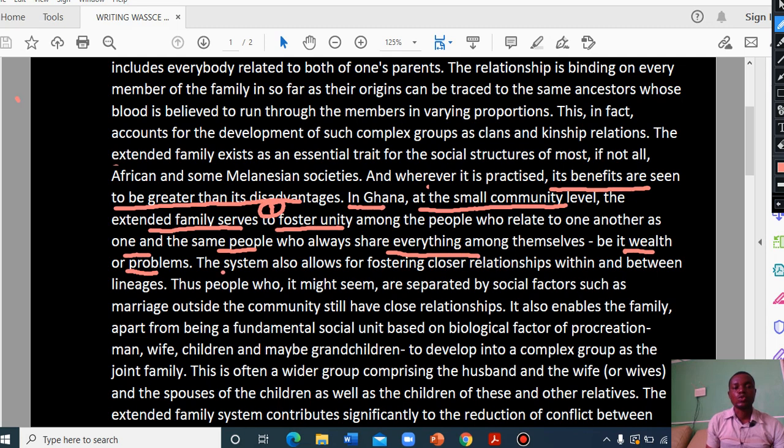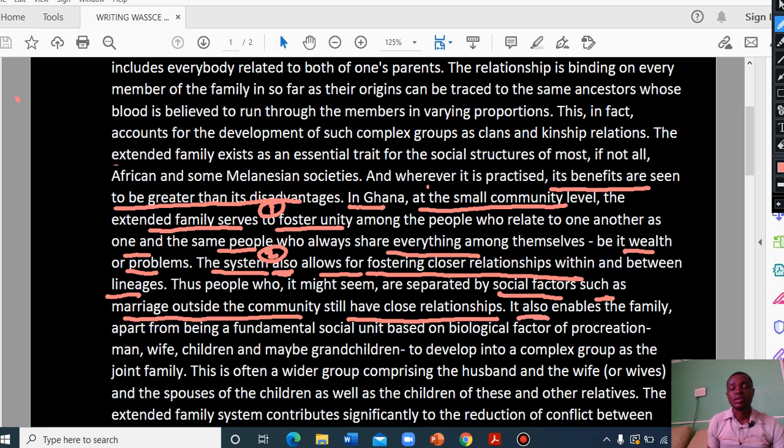The system also, so here it means there's another answer coming, allows for fostering closer relationships within and between lineages. Good. So you can get two here. Thus, people who it might seem are separated by social factors such as marriage outside the community still have close relationships.